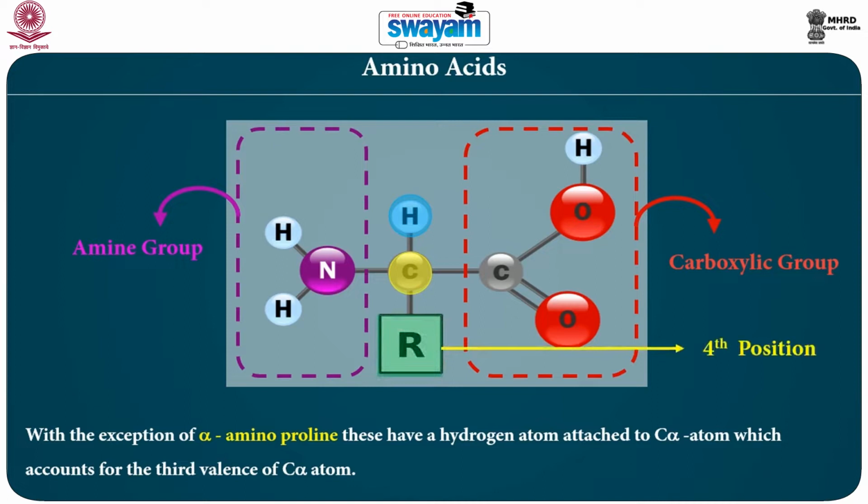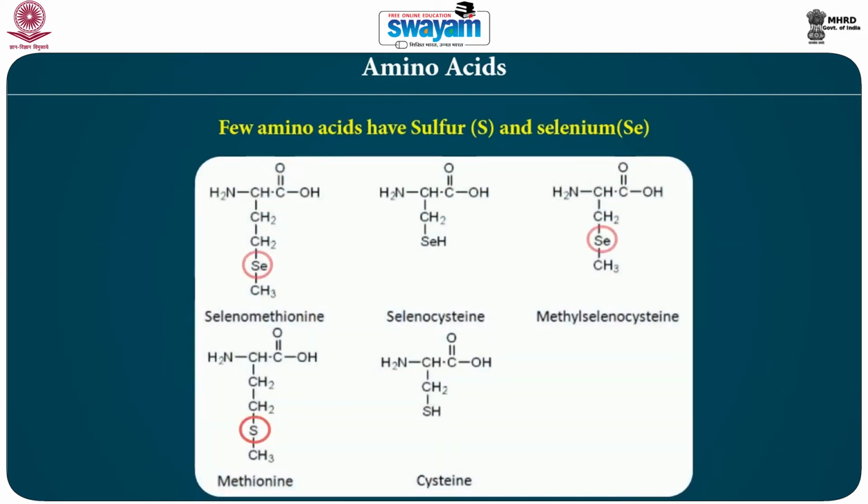At the fourth position is attached a side chain R. The latter usually has carbon, oxygen, nitrogen, and hydrogen atoms. There are a few exceptions. Some amino acids, like cysteine, have sulfur, and selenocysteine has selenium.